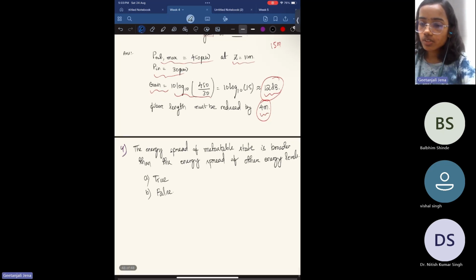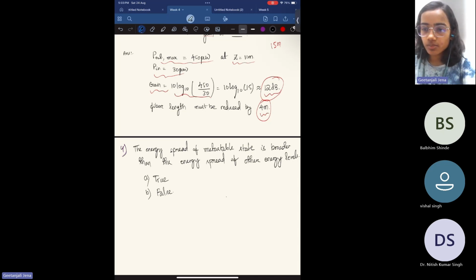So how can you approach this problem? If you recall the metastable state, it doesn't follow the selection rule, right? So the atoms populated in this state will occupy the state for a longer time.